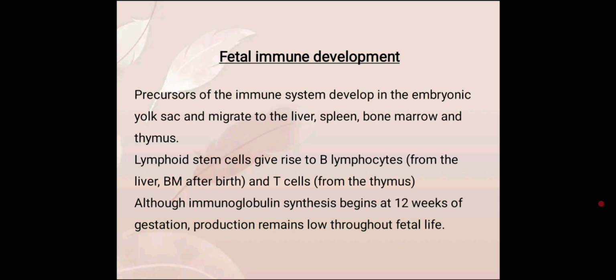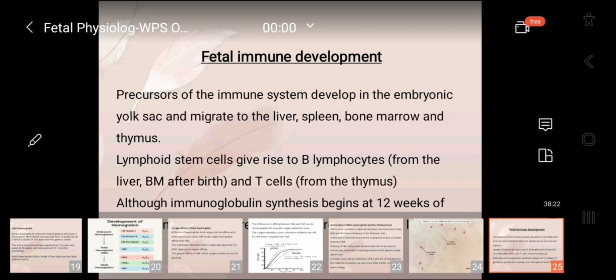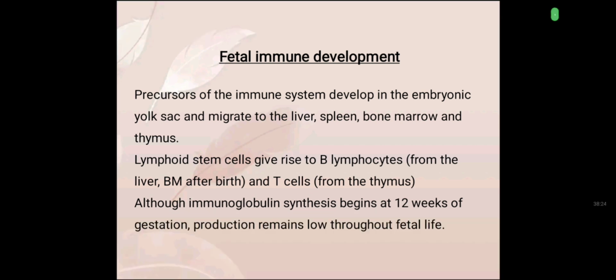Regarding fetal immune development, the precursors of the immune system develop in the embryonic yolk sac, then migrate to the liver, spleen, bone marrow, and thymus. In the thymus, the lymphoid cells will mature and develop into T cells, while lymphoid stem cells in the liver and bone marrow will form B cells. B cells will produce immunoglobulin by maturing into plasma cells.